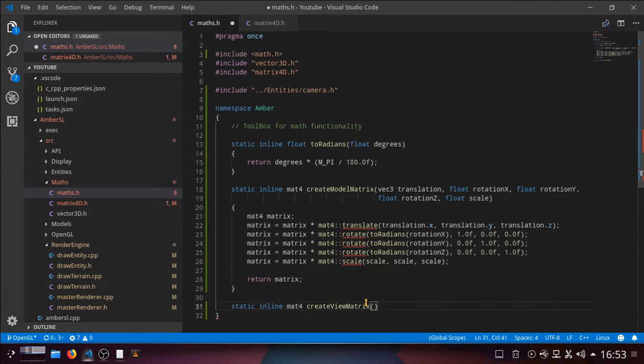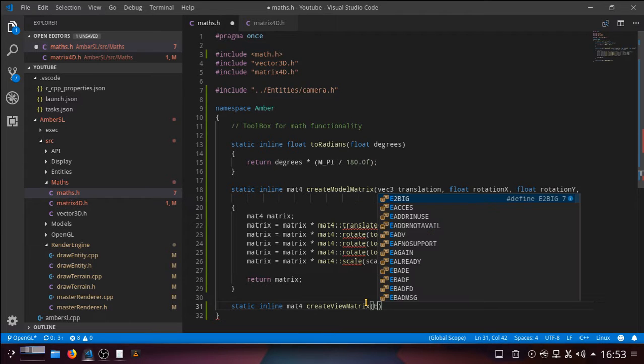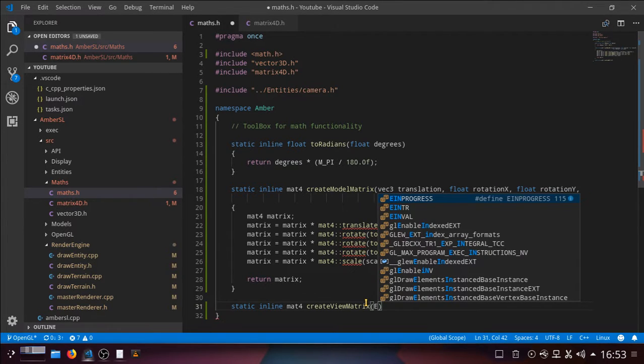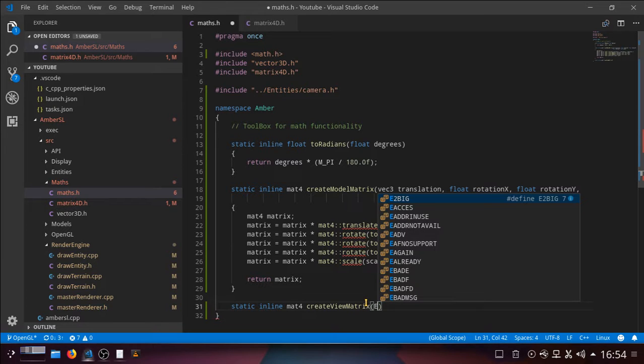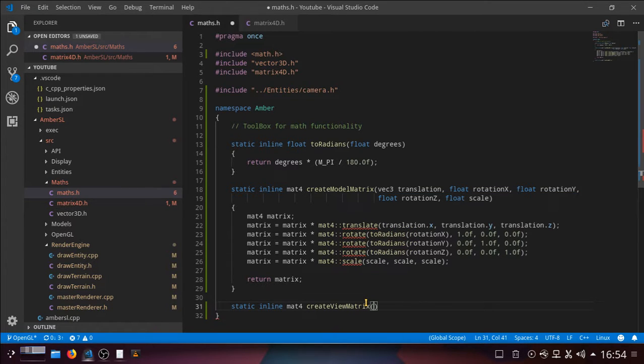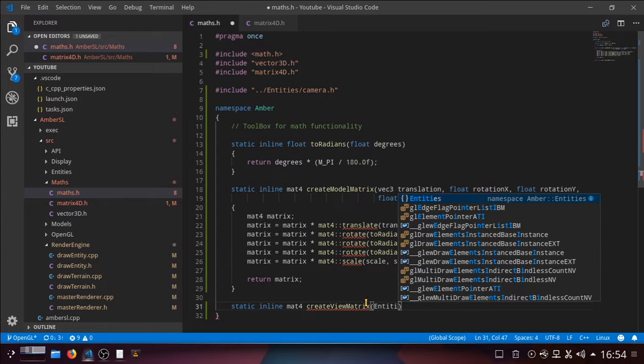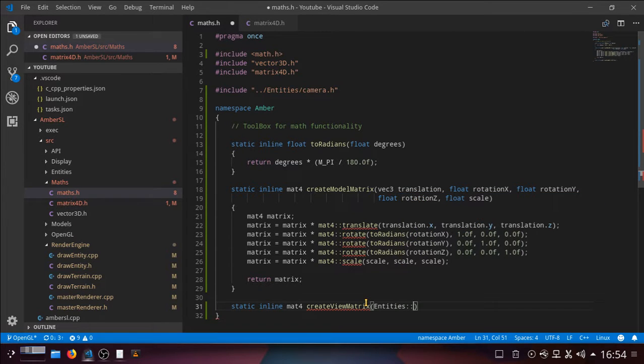And that comes from entities. No, it doesn't. Where is it? Amber. Yes, it is. It's entities of the camera, isn't it? We're in Amber, so it should have it. Entities. Yeah, thank you. And it's our camera, please. Yay! Because our camera creates the view matrix.